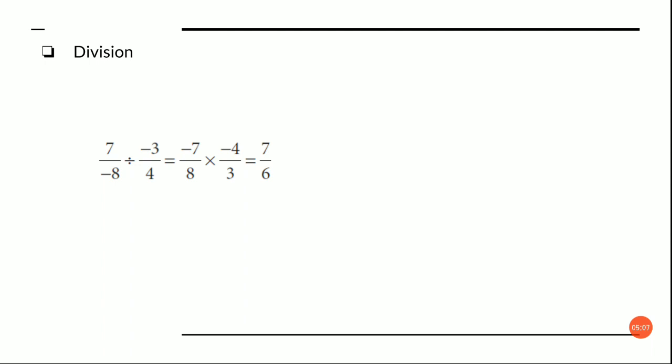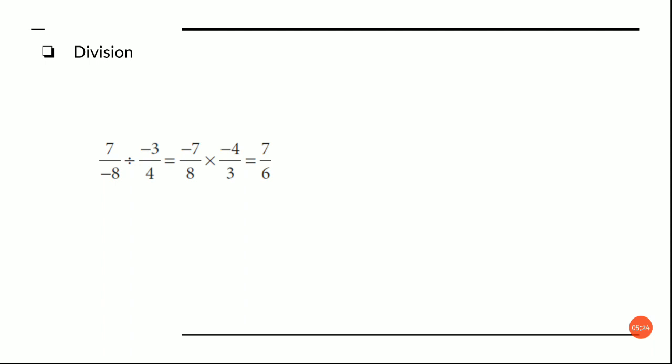What is the reciprocal of minus 3 by 4? 4 by minus 3. If the minus sign is in the numerator or in the denominator, it means the minus is for the entire fraction. Then you multiply the numerators and the denominators and write the final answer.